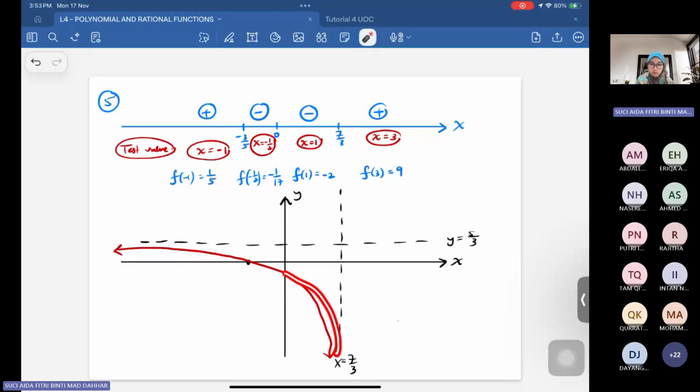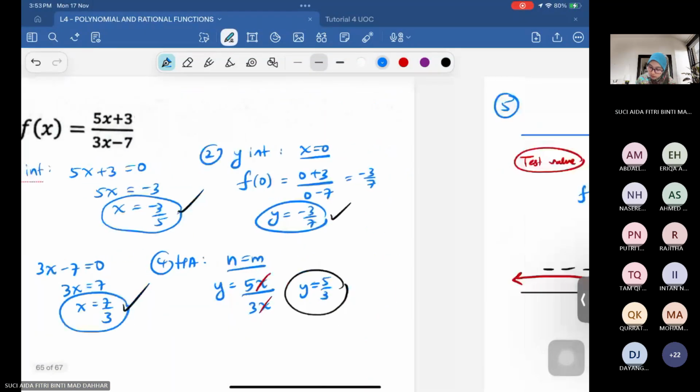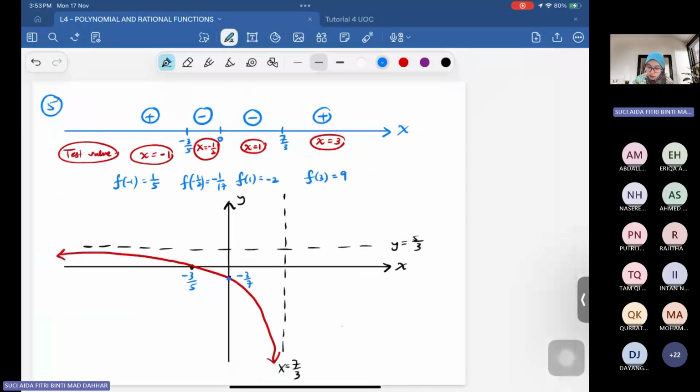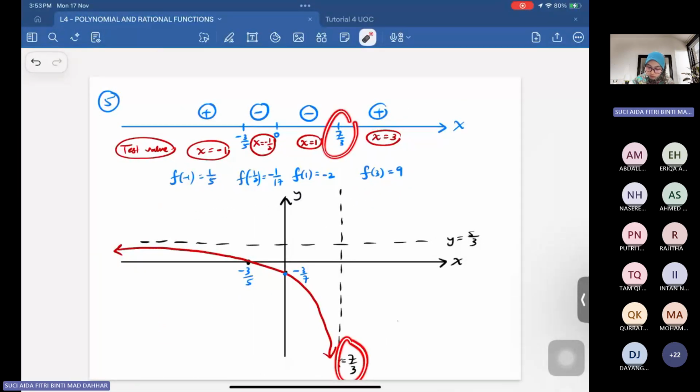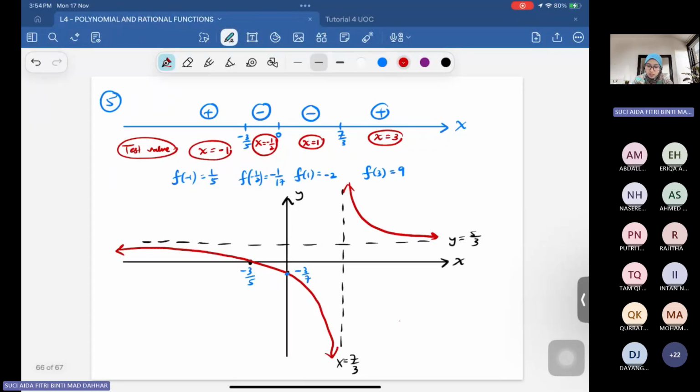This is also below. Okay, so just label your x-intercept is at negative 3 over 5. Your y-intercept is at negative 3 over 7. Okay, and then now what's after 7 over 3? They are all positive. That means it must be here. Okay, done.